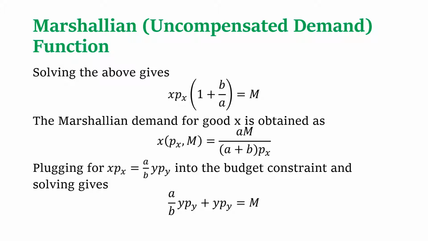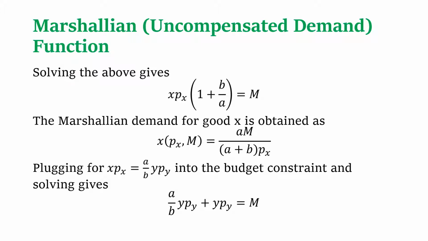So now let's find the demand function for good y. We do the same thing. Now we know the demand function for good x, right? Which is equal to that. So all we need to do now is to plug in for xpx equals a over b ypy into the budget constraint.